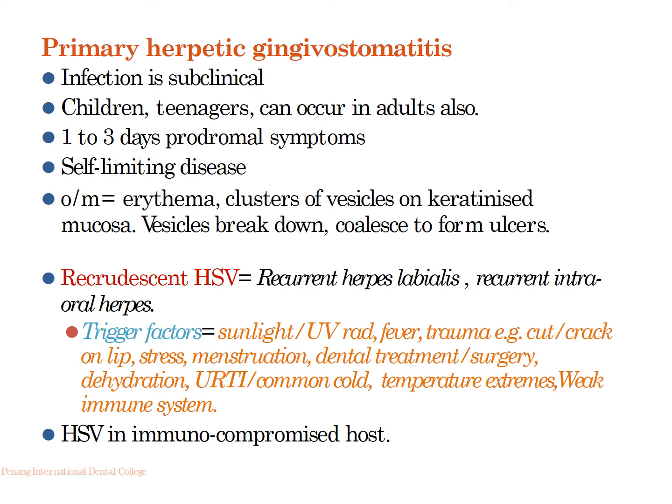The trigger factors that cause a recurrence are exposure to sunlight or UV radiation, fever, trauma, for example even a cut or a crack on the lip, and stress. Simply stress due to any reason could reactivate the virus and you could end up with herpes labialis or an intraoral herpes infection.